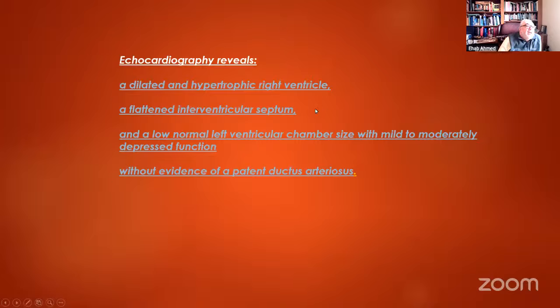All these are keywords. Dilated and hypertrophic right ventricle, flattened interventricular septum, low normal left ventricular chamber size, function mildly to moderately depressed, and no evidence of patent ductus. So I think everybody knows what we are dealing with.